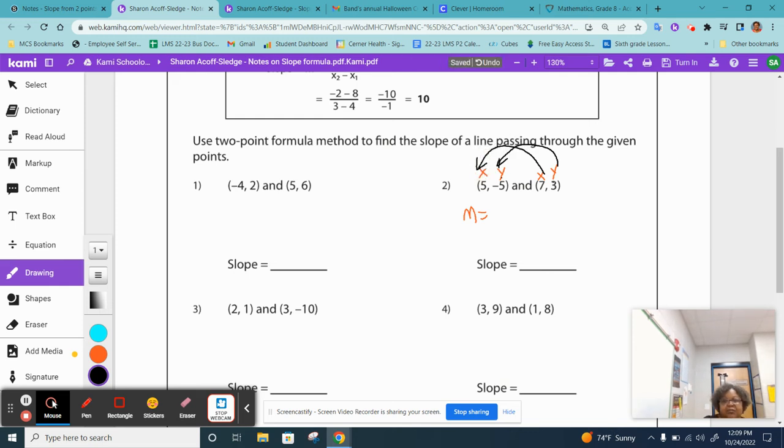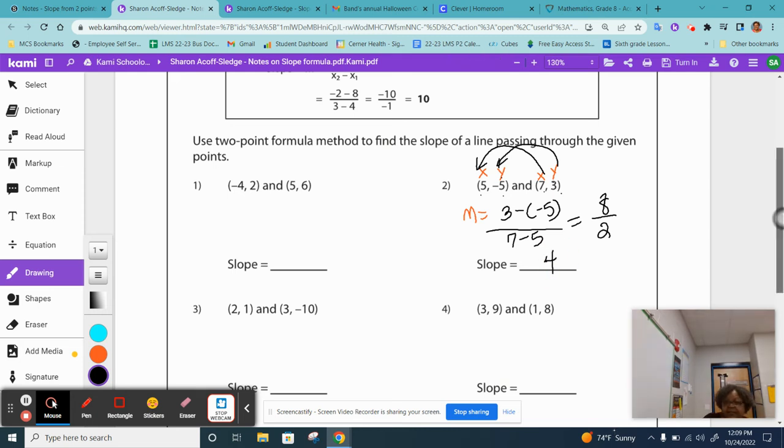That'll keep me from doing 3 minus 7 over negative 5 minus 5, or 3 minus 5 over 7 minus a negative 5. That keeps me from doing that because I know my 3 goes with my negative 5. So 3 minus a negative 5 over 7 minus 5. Because those are the ones I drew my arrows together with. So 3 minus negative 5 is 3 plus 5, that's 8. 7 minus 5 is 2. And what does this simplify to? 4. Correct.